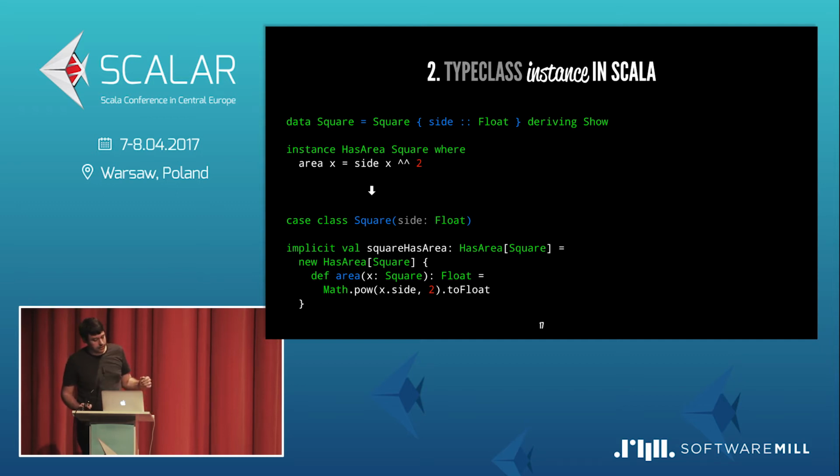And the definition is an instance of that trait declared, so actually an object declared right inline. There are various different ways to do this, but this is a fairly good example. And here we are saying that we will have in implicit scope a hasArea of square with this implementation.